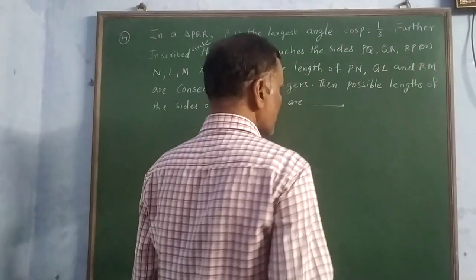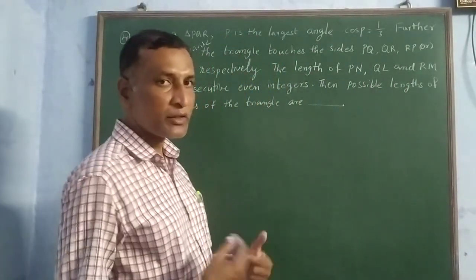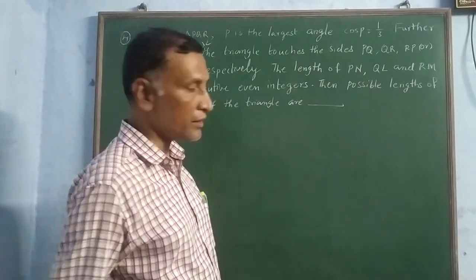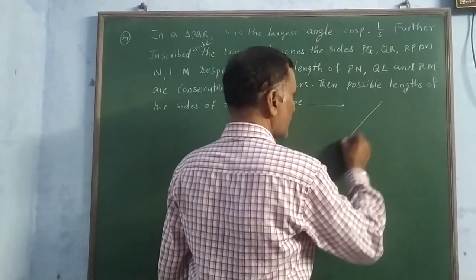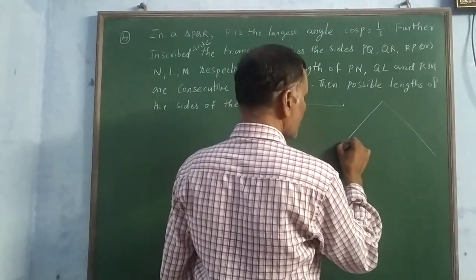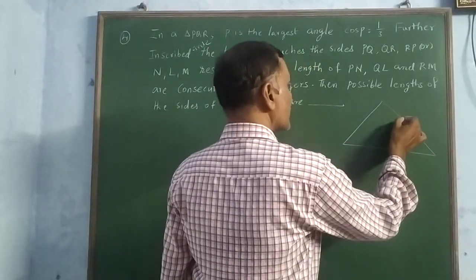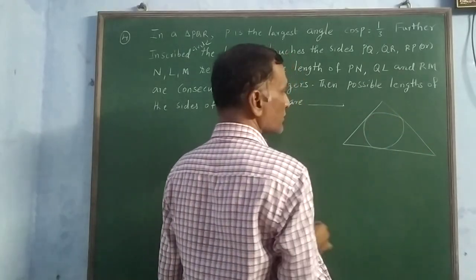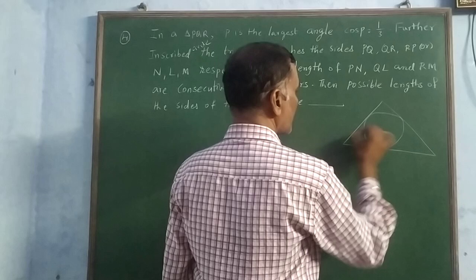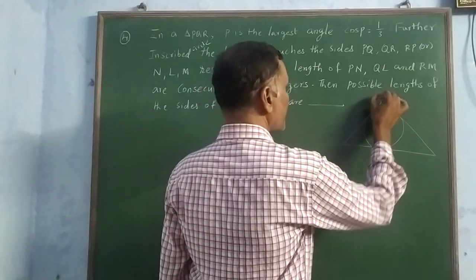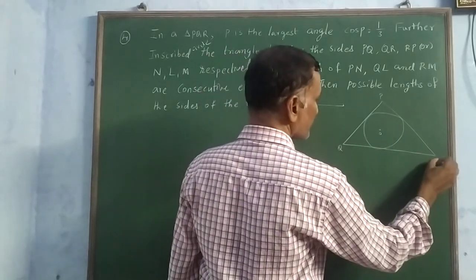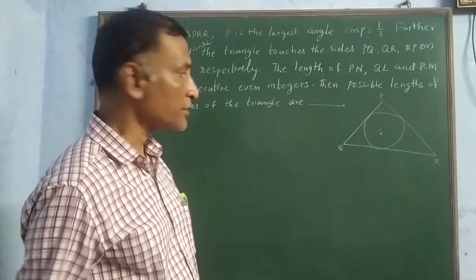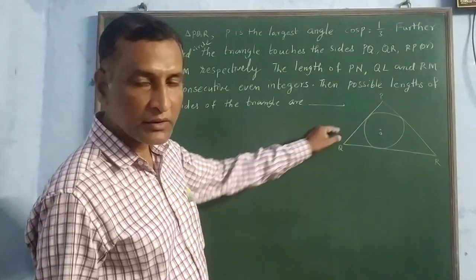How can we find out this question? First, draw the diagram. What is the information given? First, draw one triangle here, with the inscribed circle whose center is O. PQR is the triangle.